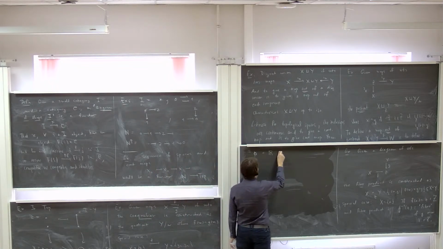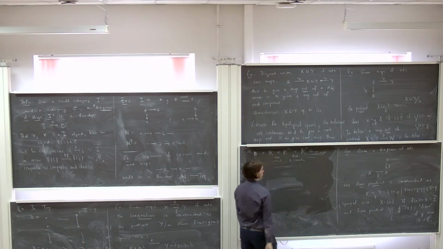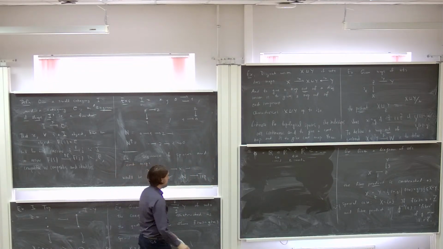And then you might include this as, I don't know, the first coordinate. And then this is the first two coordinates. And so on. And then taking the union, you'll get an infinite dimensional topological space.